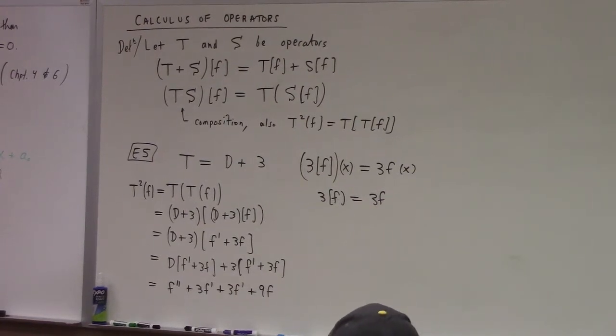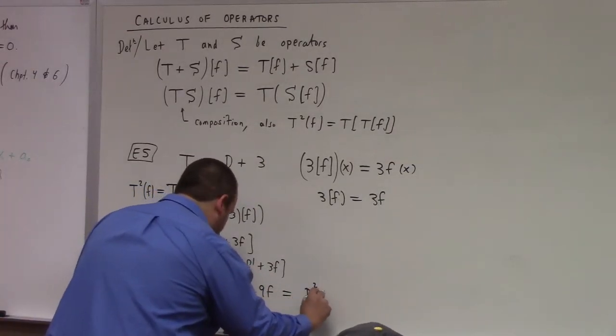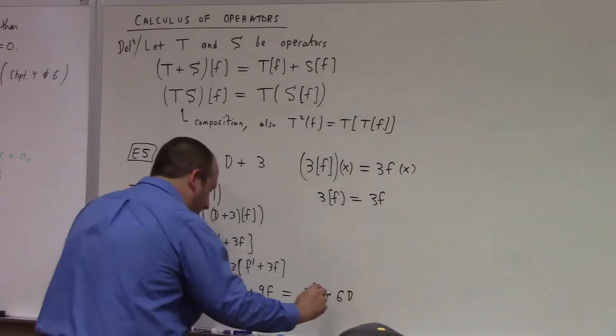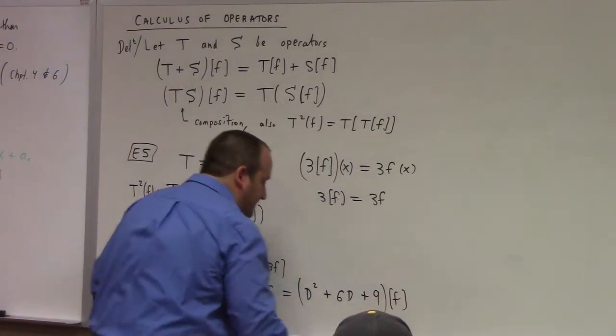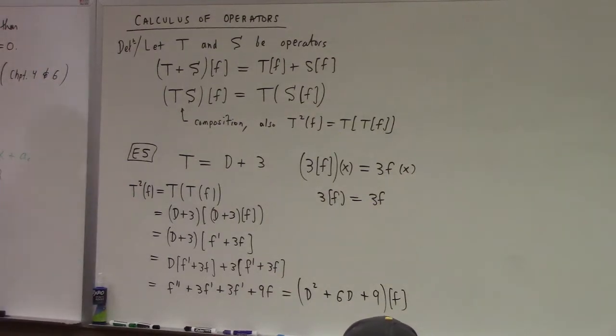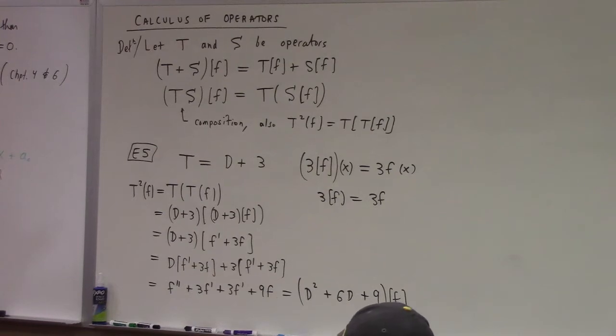I can pull out the 3, right? When we take 2 derivatives, we write f prime prime. Nothing new here. Of course, at this point, you could rewrite this as D squared plus 6 times d plus 9, all acting on f, right?